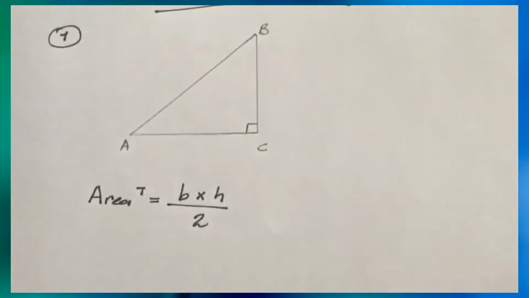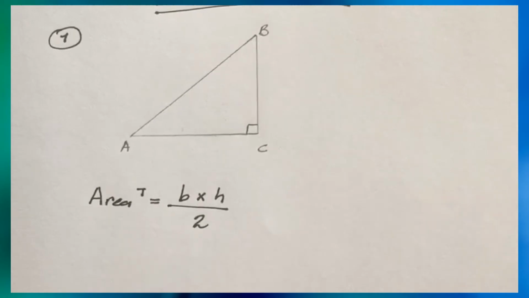Now, the question is, how do I identify the base and the height on a triangle? Well, that's easy. You just have to look for the right angle. The lines that form the 90-degree angle, those two lines can either be the base or the height.